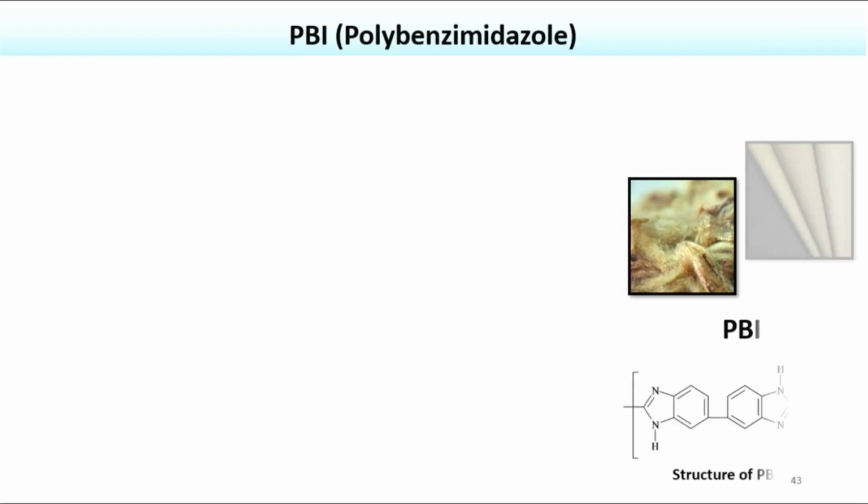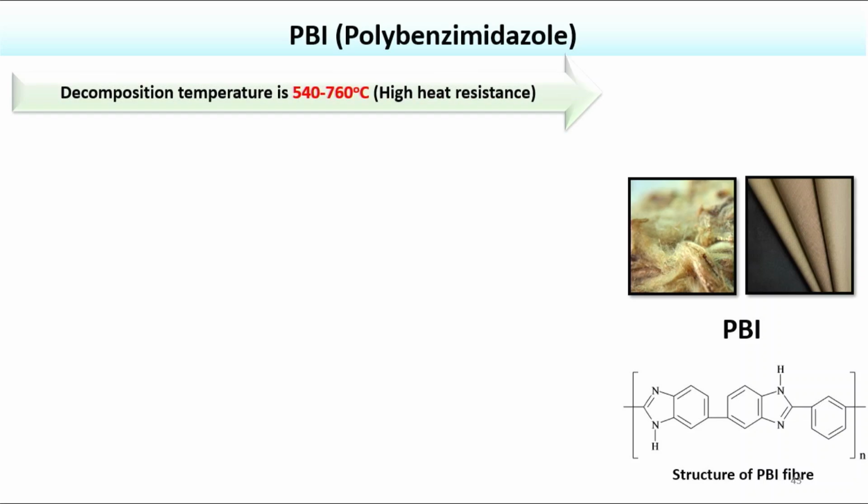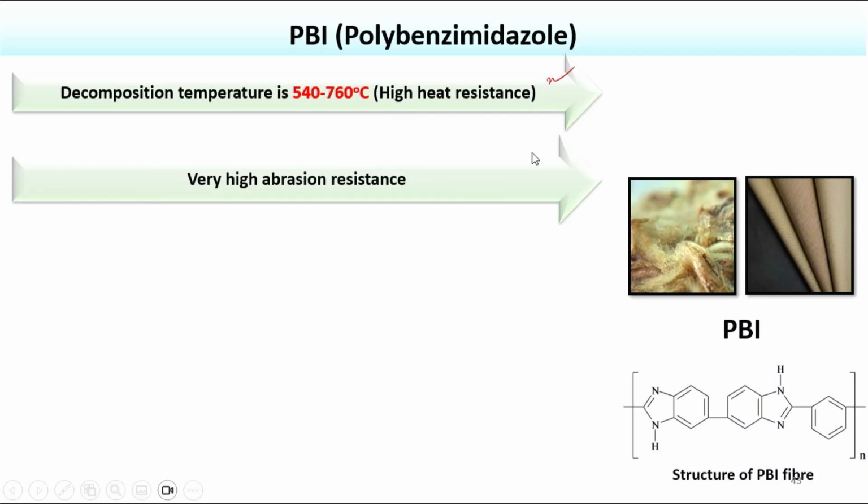Now, PBI fiber is also used for firefighter clothing. Decomposition temperature is 540 to 760 degrees Celsius, high heat resistance. Very high abrasion resistance. If we blend this PBI fiber with meta-aramid, the abrasion resistance will be high, which is required for firefighter clothing.